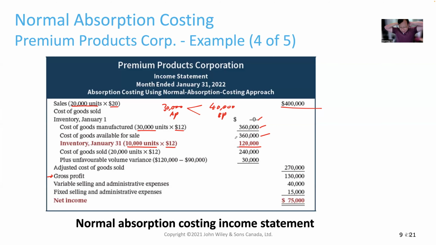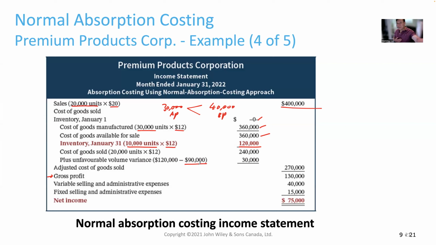Basically, on your budget, your fixed cost is 120,000, but you have only applied 90,000, because the 90,000 comes from your production of 30,000 units and the predetermined overhead rate of $3 per unit. So 30,000 production times the budget rate of $3, that's your 90,000 fixed manufacturing overhead cost applied.